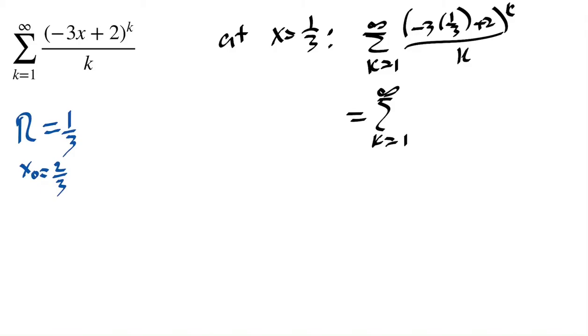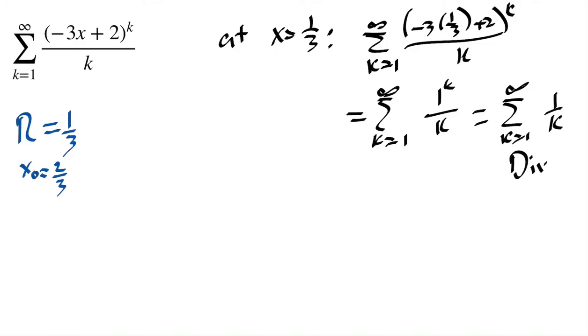And this is the sum as k goes from 1 to infinity of, well, this looks like negative 1 plus 2, so it looks like 1 to the k over k. And 1 to the k is just 1, right? But what do we know about this? This diverges. So at x equal to 1/3, our function does not converge. Our function diverges.